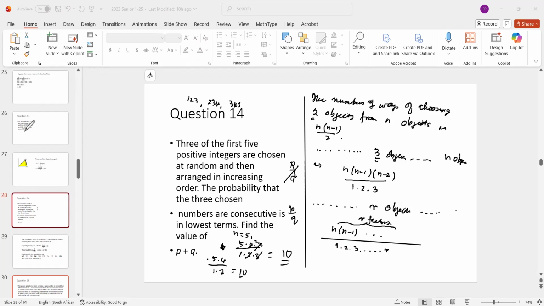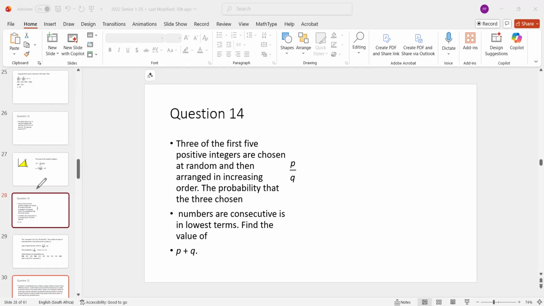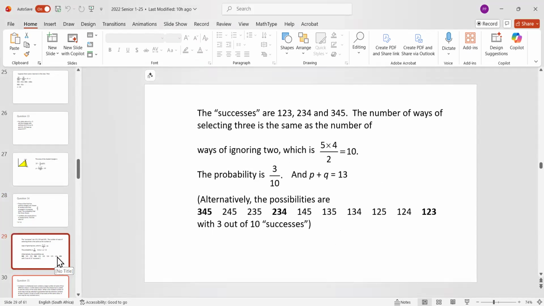Okay, let's just make sure that our answer is 13. Or you can see P plus Q is 13. And okay, I've explained this. Again, I got 5 times 4 over 2 and so on. So I do use that formula, which I just mentioned.